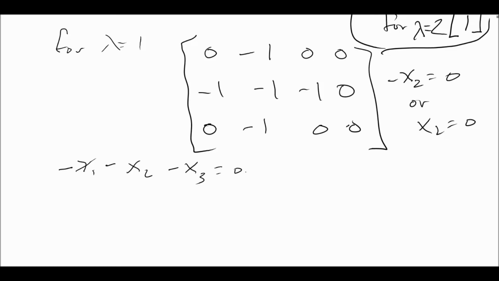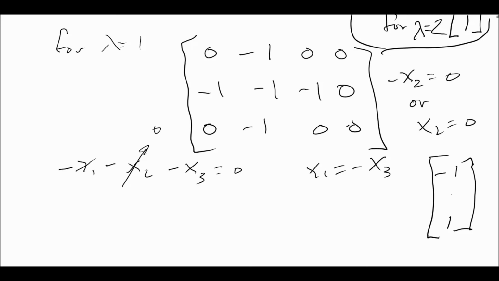Because x2 is equal to 0, that falls out, and we can say that x1 is equal to minus x3. Or, if we choose x3 to be 1, then x1 is minus 1 and x2 is 0, and that's the eigenvector for lambda equal to 1.